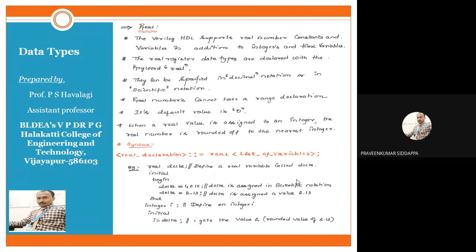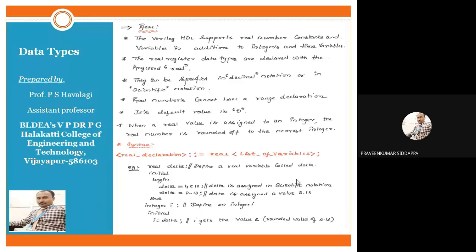How do we get the output? We get the nearest rounded value of 2.13, which is 2. So the output will be 2; we cannot get 2.13. If you require 2.13, you can directly give delta as your output, and we will get 2.13.